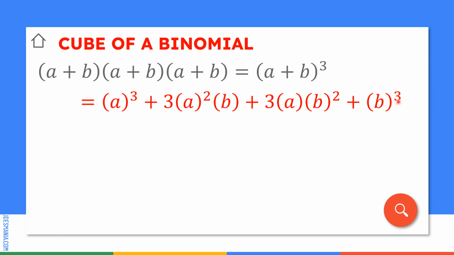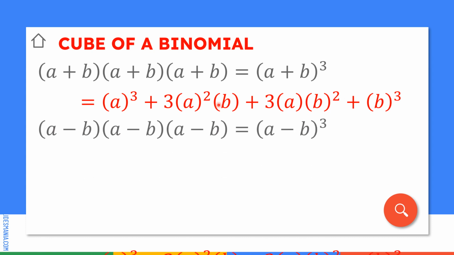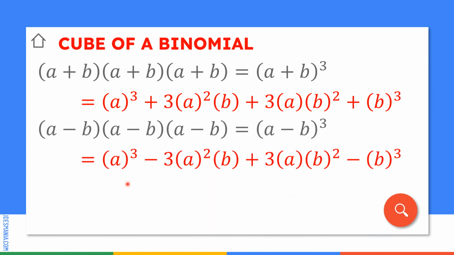Okay? So if you are multiplying things like this, same is true with subtraction. Always get the cube of the first term, which is a, and then plus or minus 3. 3 here is constant, and then square the first term, and then copy the second term. And then plus sign.